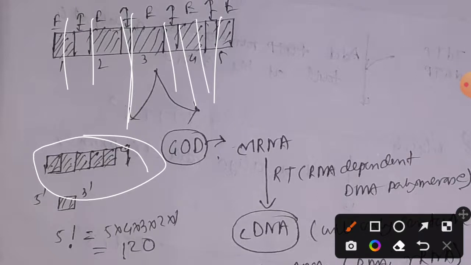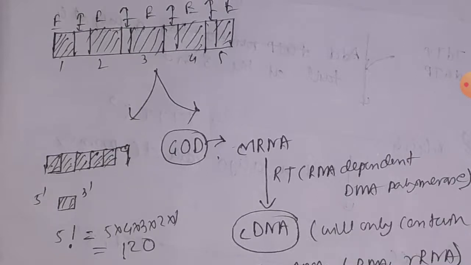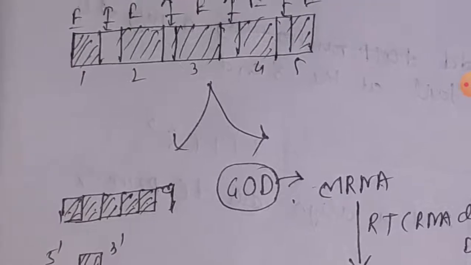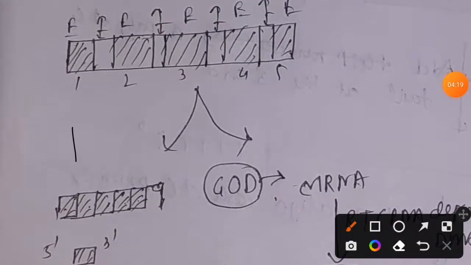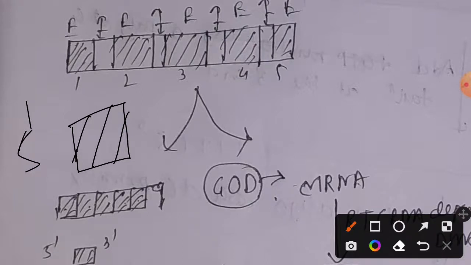Here we have 5 exons, so we will arrange them, right? Although it seems quite easy, it is not easy, because suppose this is one exon. Do you know what its 5 prime end is and what its 3 prime end is? No, it is not possible to know.